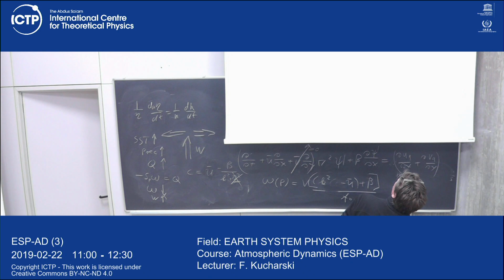And if you work that out, you find that then this amplitude that you have prescribed can be expressed as f naught times h, the maximum height of the mountain, divided by the height of the fluid times k squared minus l squared.